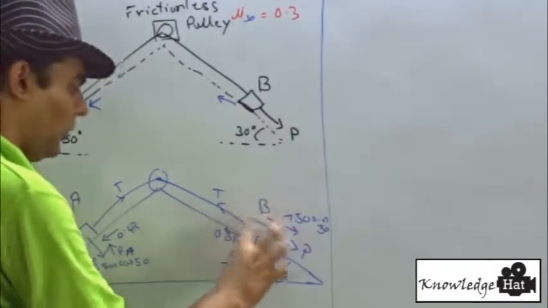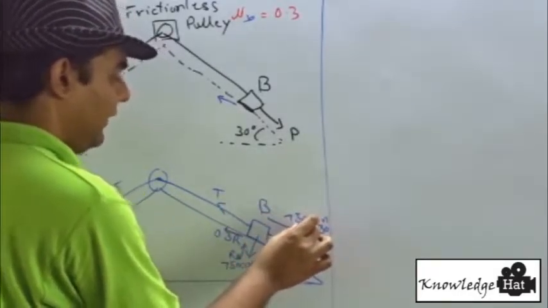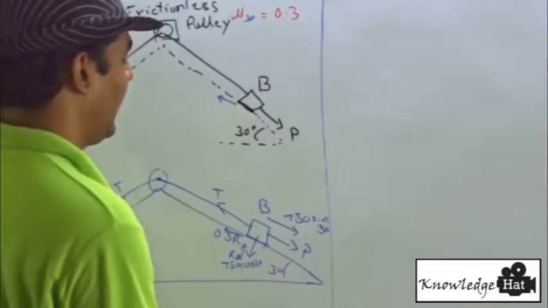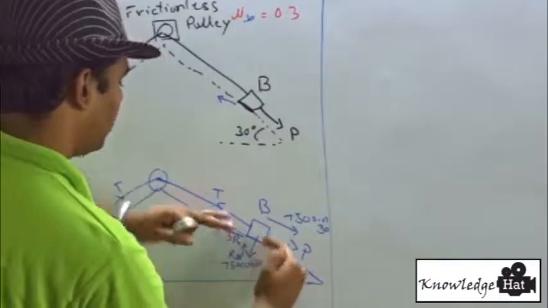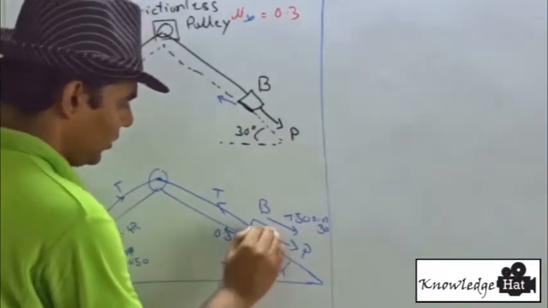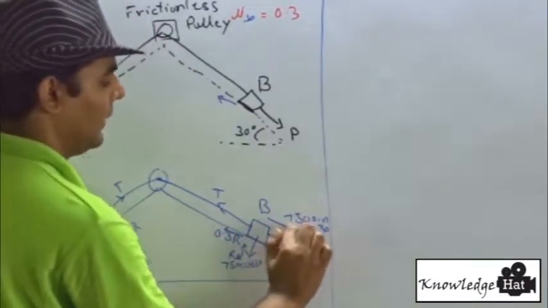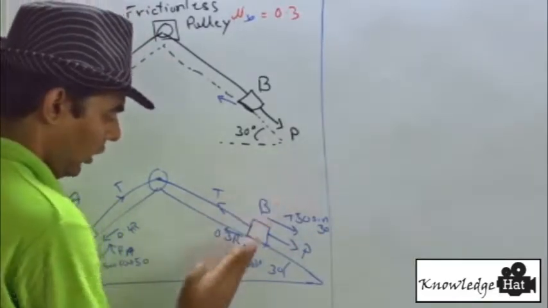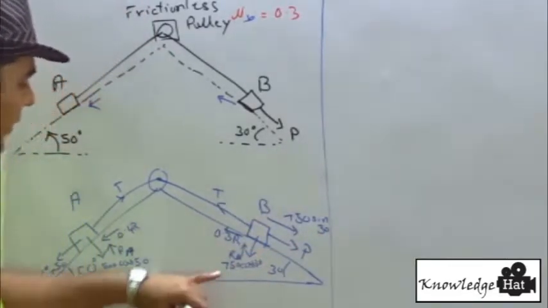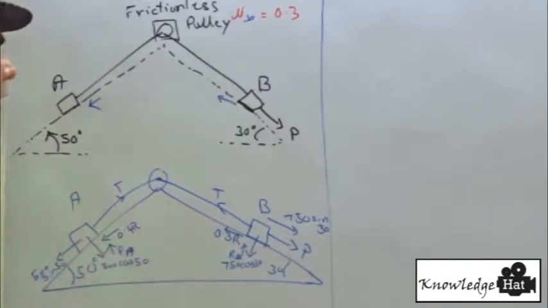And now for block B, the weight is 750 newtons. So we resolve it in local horizontal and vertical components. The local horizontal component is given by 750 sine of 30 degrees, and the local vertical component is given by 750 cos of 30 degrees.